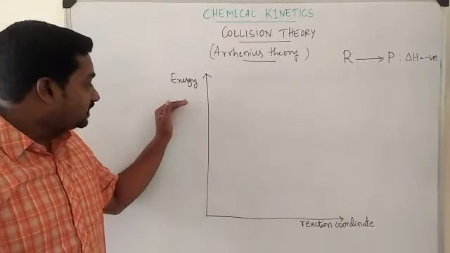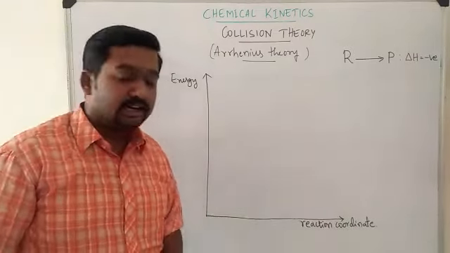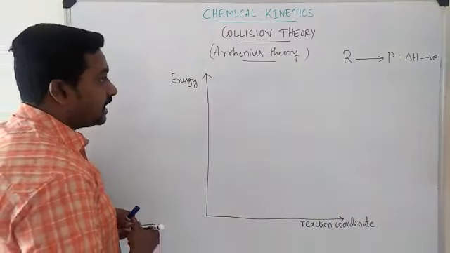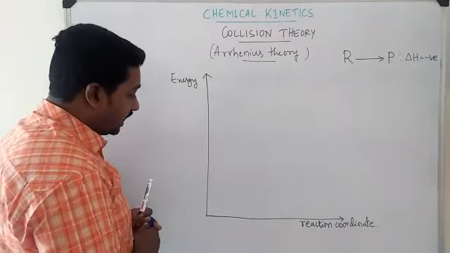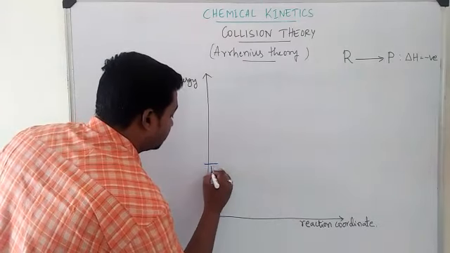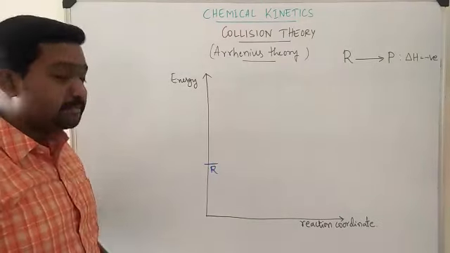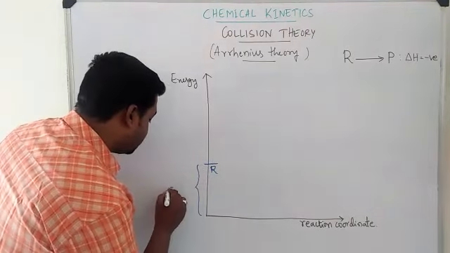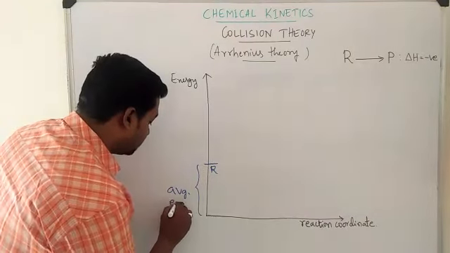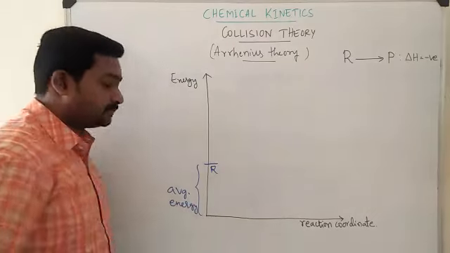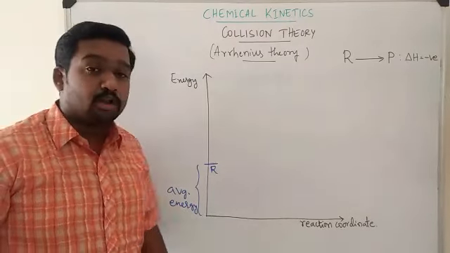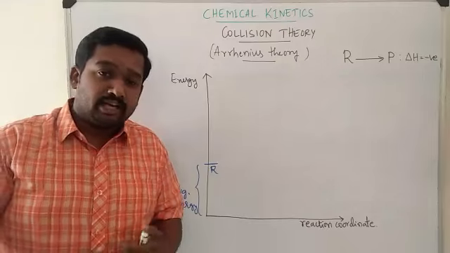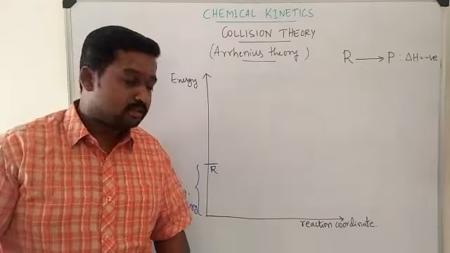Let us see energy along the y-axis, reaction coordinate along the x-axis, and I will consider the reactant energy somewhere here. Let's say there is some energy with the reactant already, which we call average energy. This is the average energy of reactants, because each reactant molecule will have its own energy, so we need to calculate the average of all the molecules.